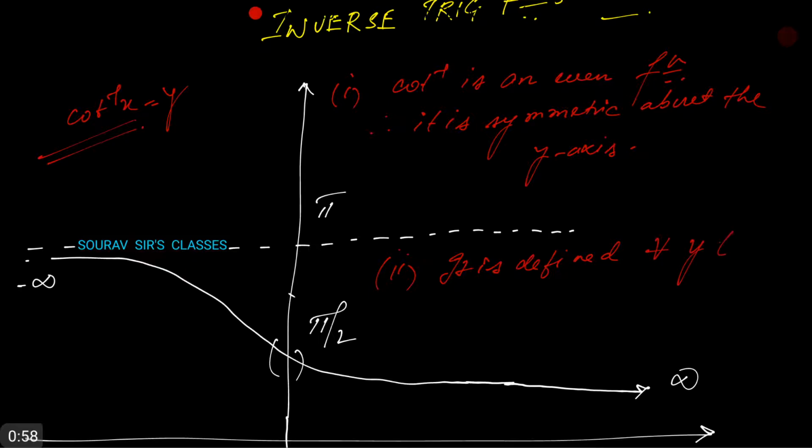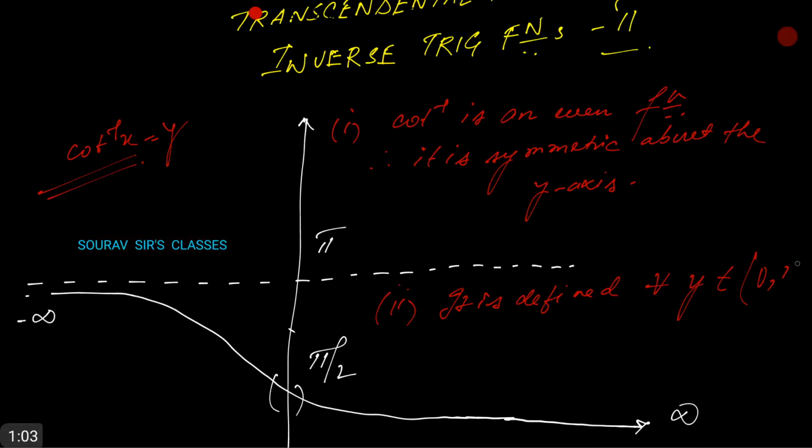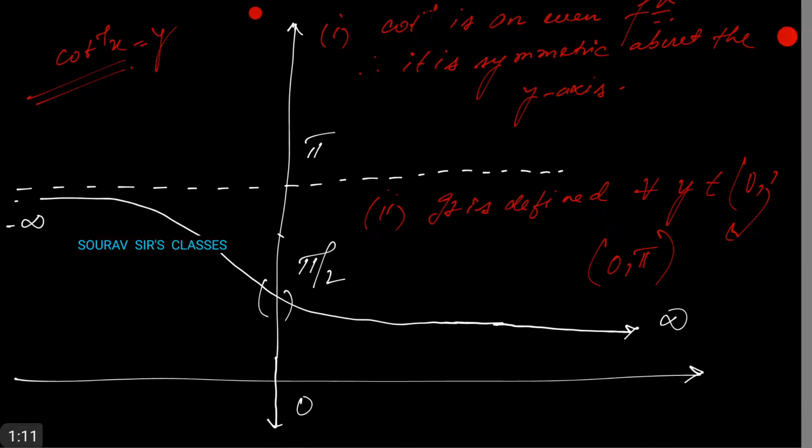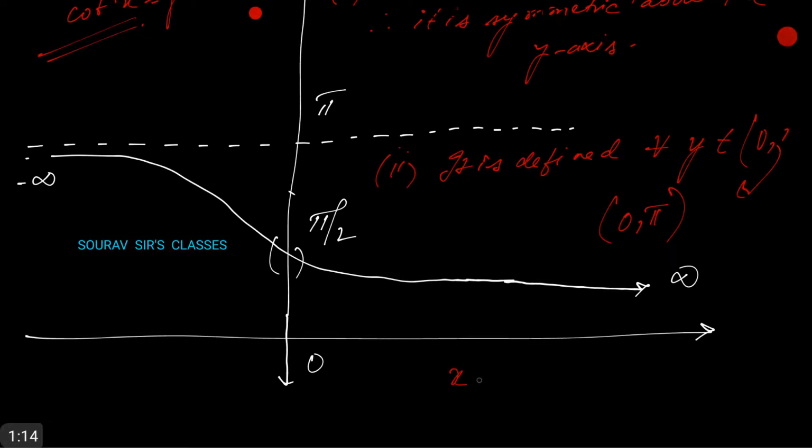for all y belonging to 0 open to pi open, and x belongs to R is the range set.